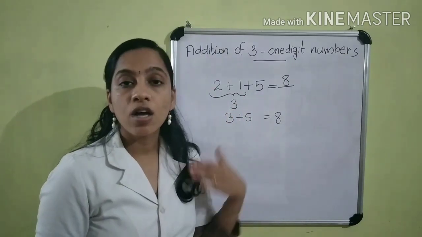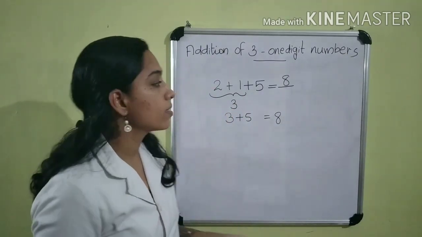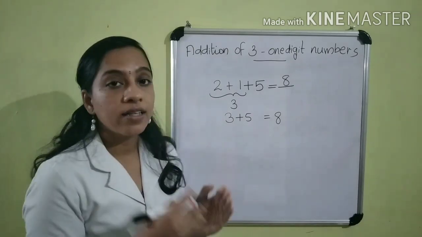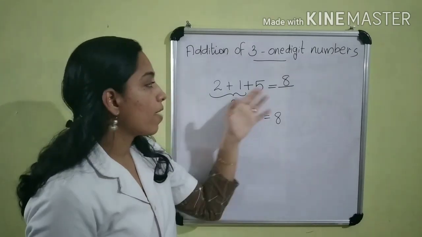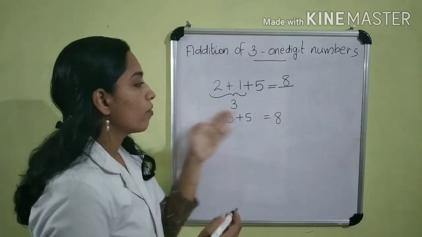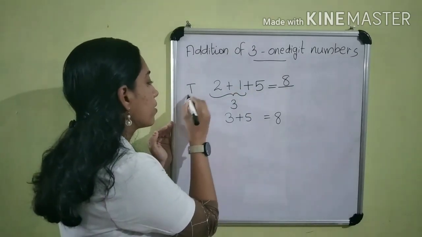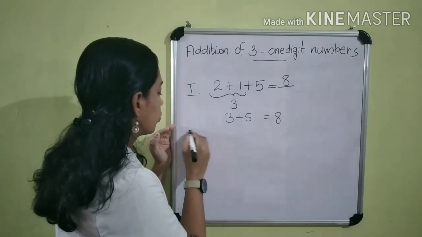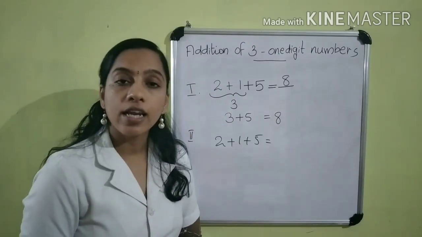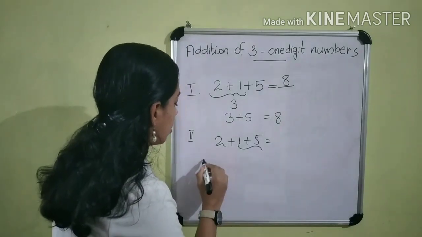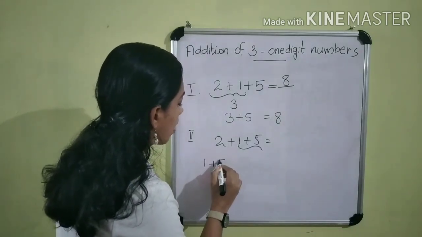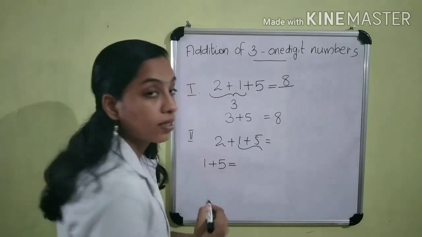We can choose one more method, that is, we can add the last two numbers. Which are the last two numbers? 5 and 1. So, this is method 1. In method 2, we can add the last two numbers first, that is 1 and 5. If we add 1 and 5, we will get 6.